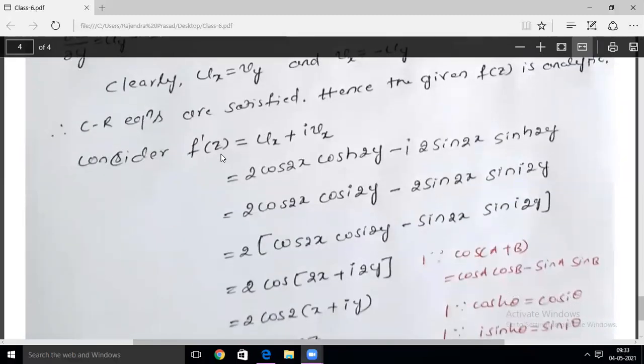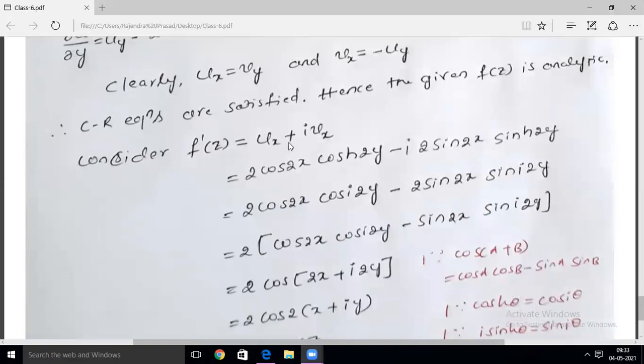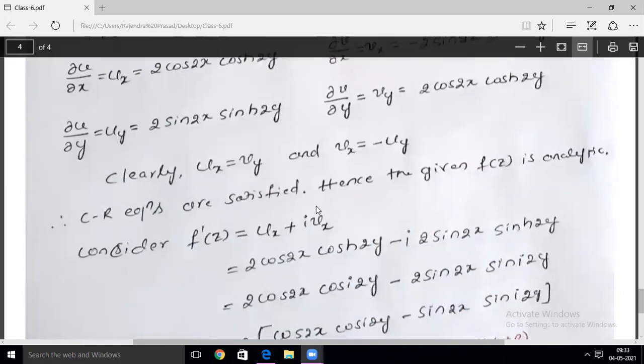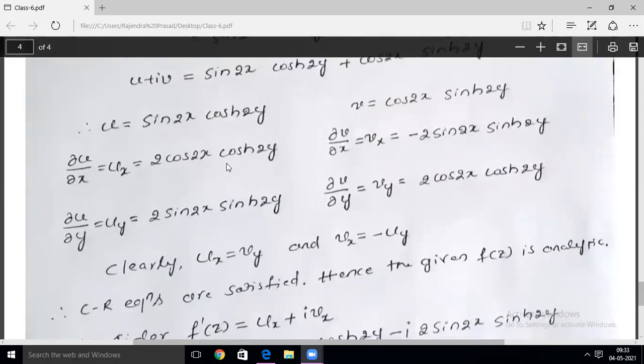For the derivative, we consider f'(z) equal to ux plus i vx, because we take the Cartesian form. We already have the first order partial derivatives ux and vx, that is, del u by del x and del v by del x.